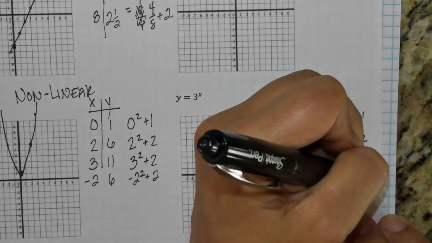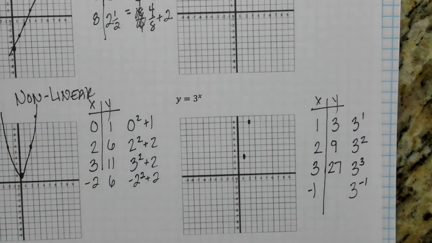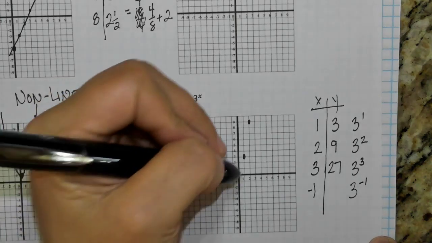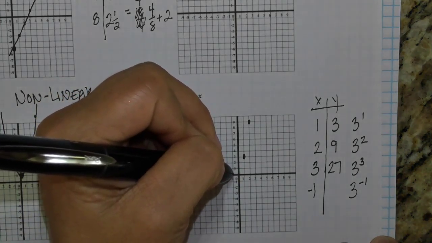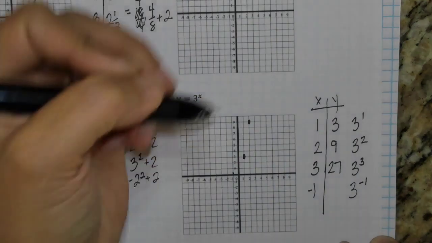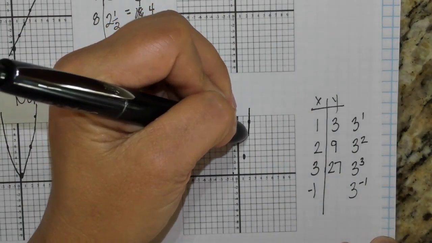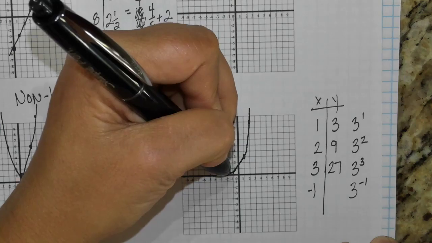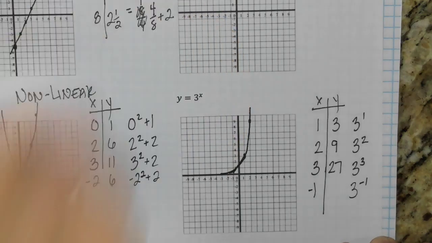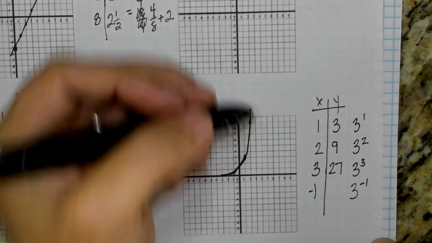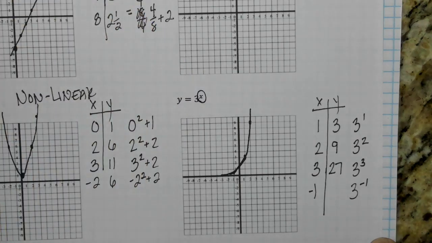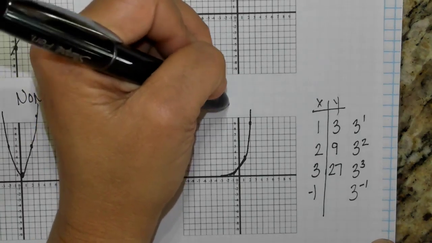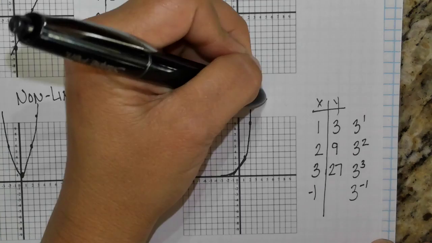So 3 to the power of negative 1. If you were to calculate that in your calculator, you're going to end up with a number between 0 and 1. And it's going to be 1/3 right there. And your graph line is going to end up looking like that. And it's curved. And so when the x is in the exponent position, it makes it non-linear.